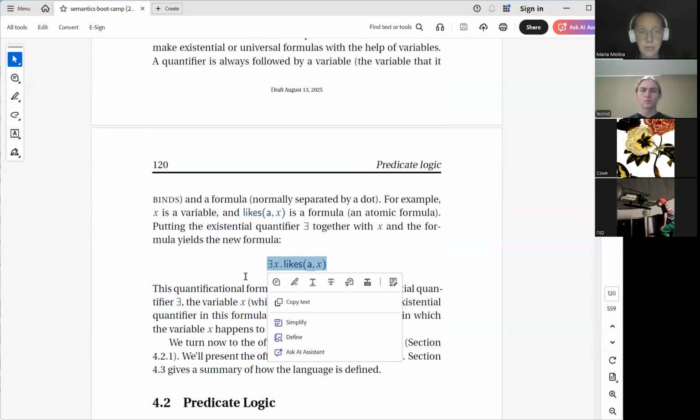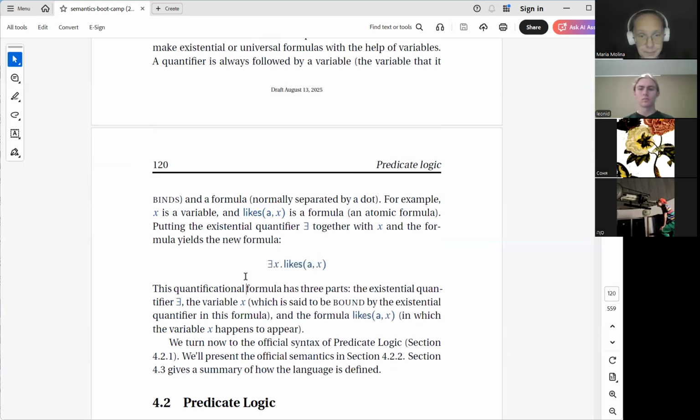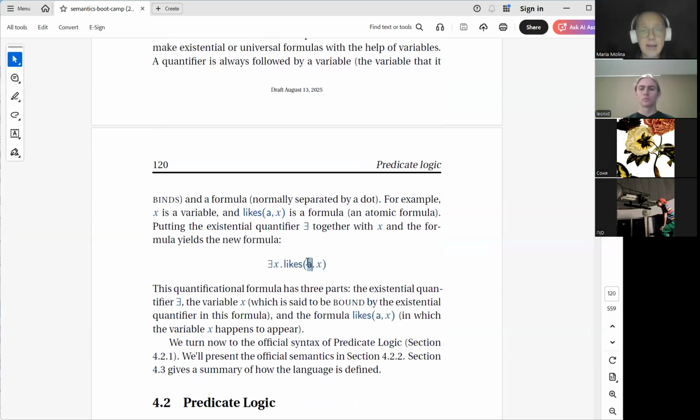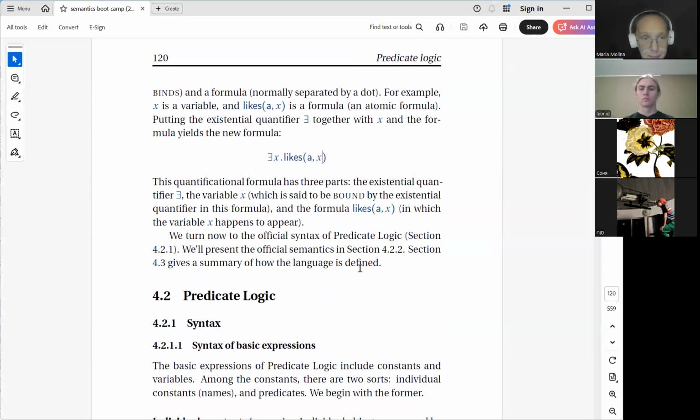And we form a new formula: there exists some x such that A likes x. We have three parts here in the existential formula. Quantificational formula, it's called as well.